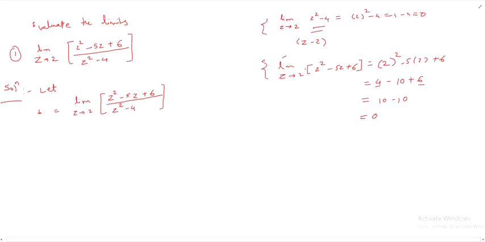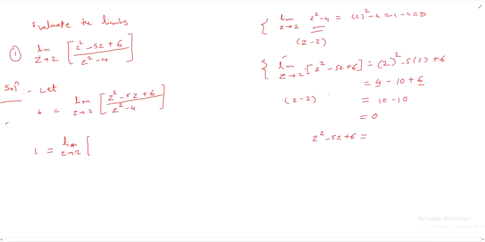Therefore, in numerator and denominator we have a common factor z minus 2, isn't it? So find that factor by the factorization method, cancel it and take the limit of the remaining term. How to factorize z square minus 5z plus 6?